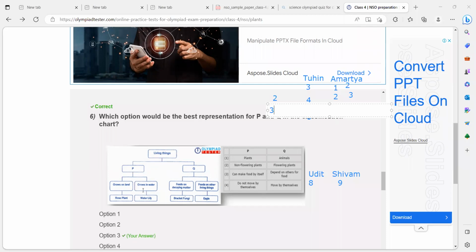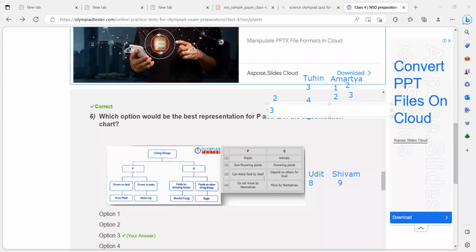Plants: they grow on land, grow in water, rose plant and water lily plant. And Q: they feed on decaying matter, feed on other living things, bracket fungi and eagles. So Q are the animals. The correct answer is 3. That is Q depend on others for their food and plants can make their own food.